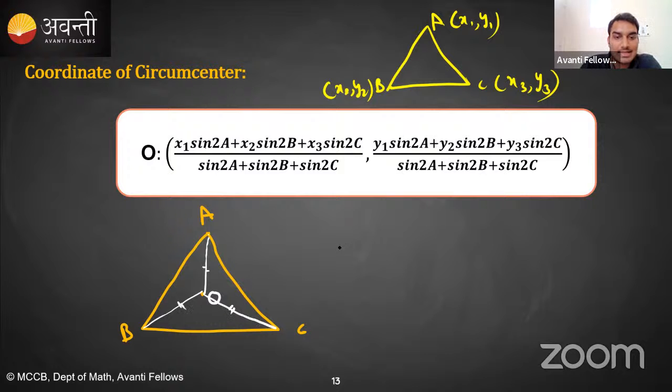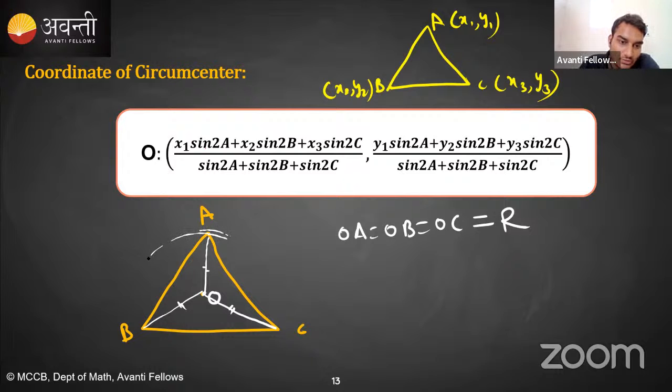These three distances are equal, meaning OA equals OB equals OC, and we denote it with the symbol R. So if I have to draw a circle, assuming the circumcenter as the center of that circle, then that circle has to pass through A, B, and C. Yes or no? Clear?